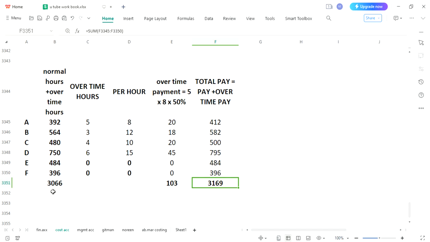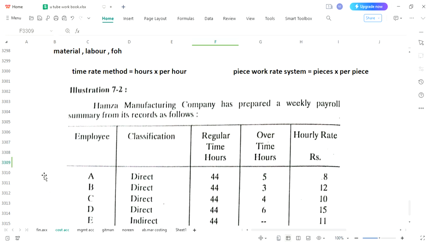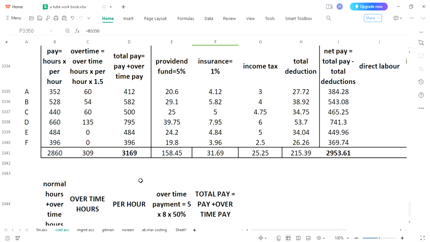Now you are needed to separate payments, direct payments and indirect payment. Since these workers E and F were not included in direct labor. It was mentioned in the question. Here you can see worker E and F were indirect. So what you will do, you will separate these two workers.